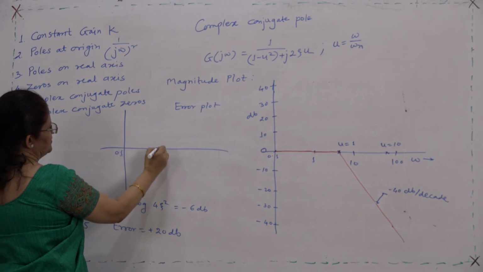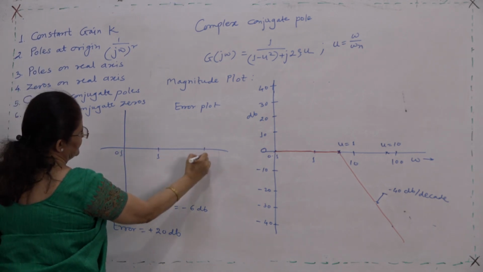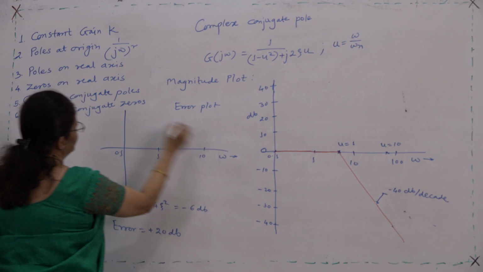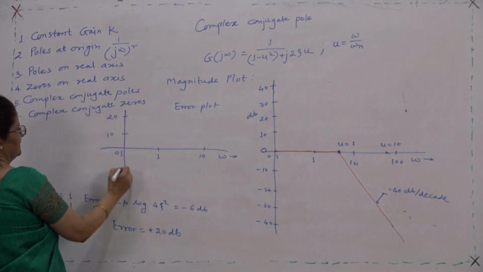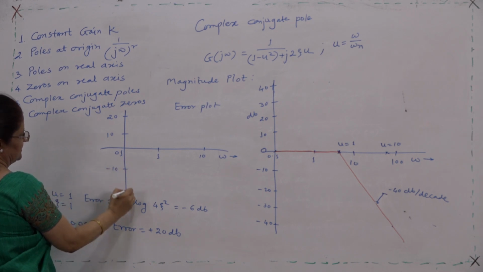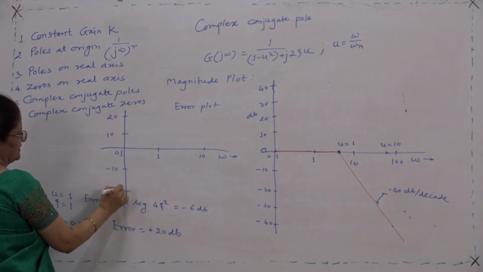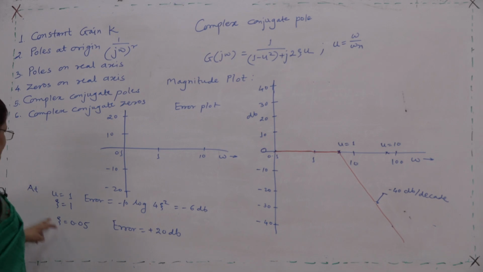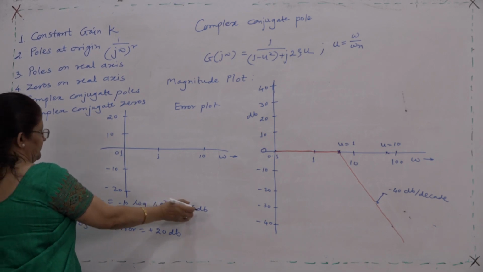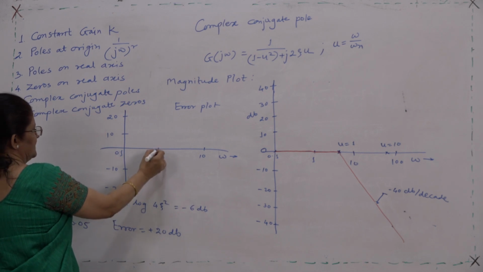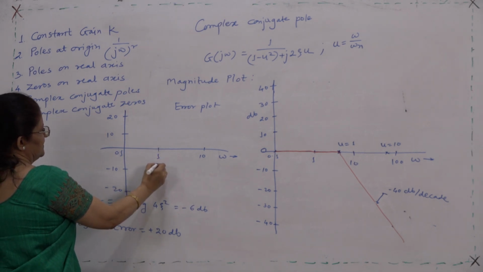Consider this as 0.1, 1, 10 omega. This is 10 dB, this is 20 dB, this is minus 10, minus 20. So, at 1, when zeta is 1, what you are getting? Minus 6 dB, that is you will get somewhere here.